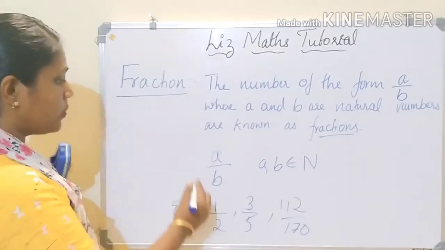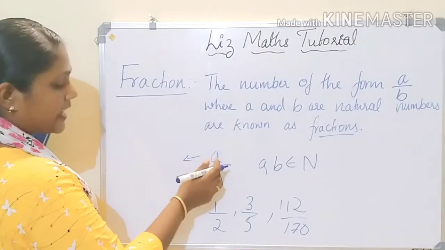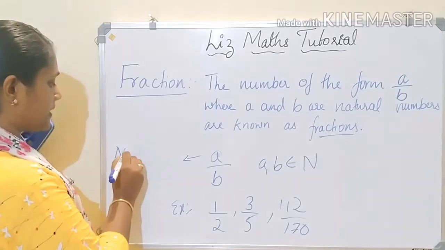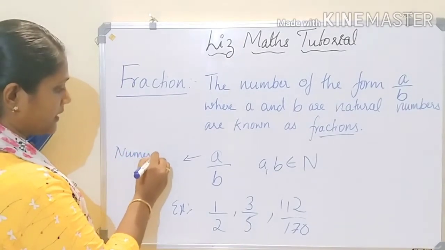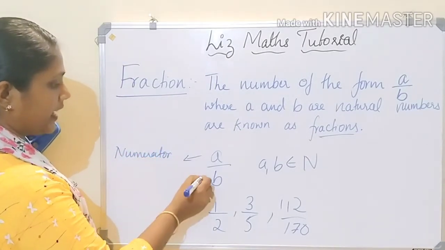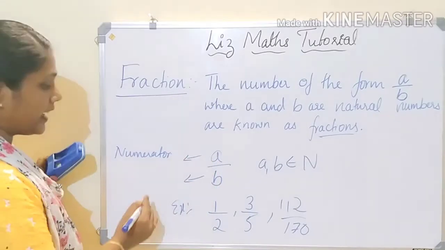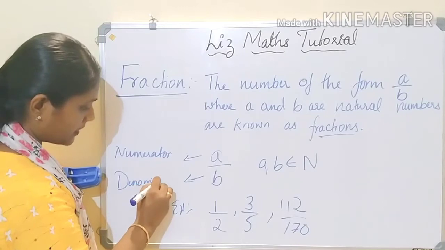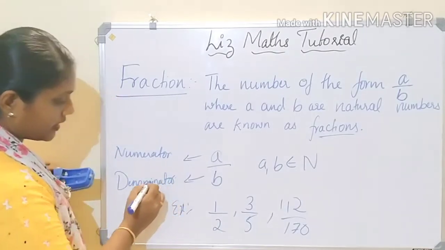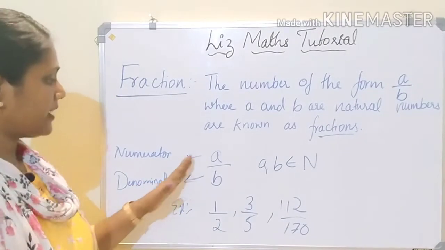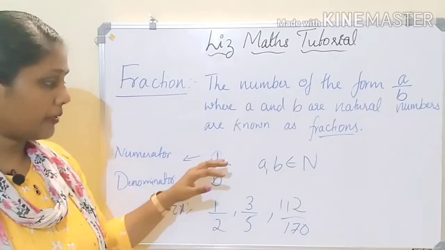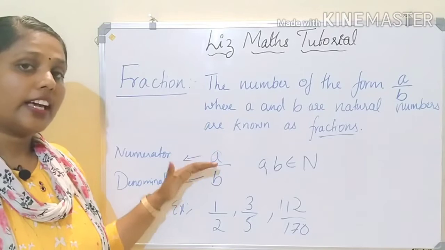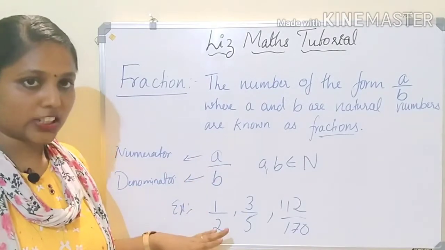Clear? The number which is in the upper part is called the numerator, and the number which is in the down part is called the denominator. So how to keep it in your mind? The upper part is called numerator, and the down part is called denominator.